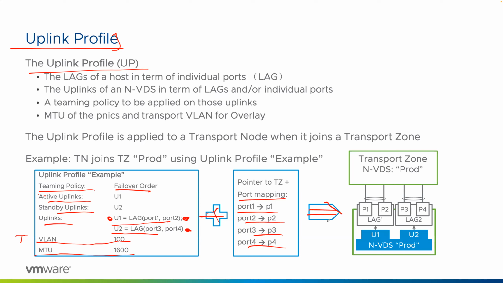With this data structure, we have the whole logical structure here. We have NVDS, which is a virtual switch. We have a logical uplink. We have LAG if you have. We have a physical adapter or interface. That's the whole structure.